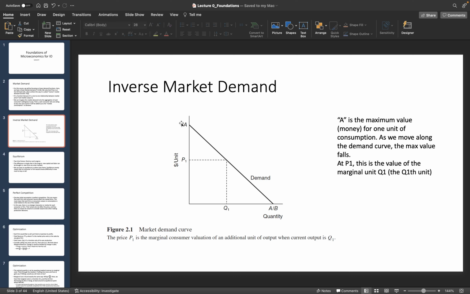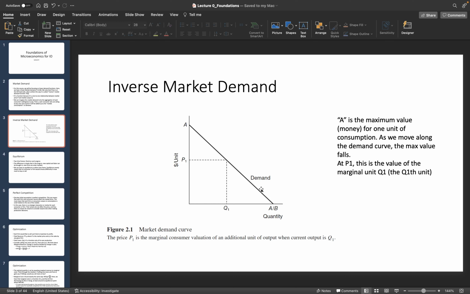So at price A, he or she alone will buy 1 unit of the good. As the price goes down, more and more people are willing to pay for the good, because it's now more likely that the price is less than their maximum willingness to pay. That's why it's sloping down like this.